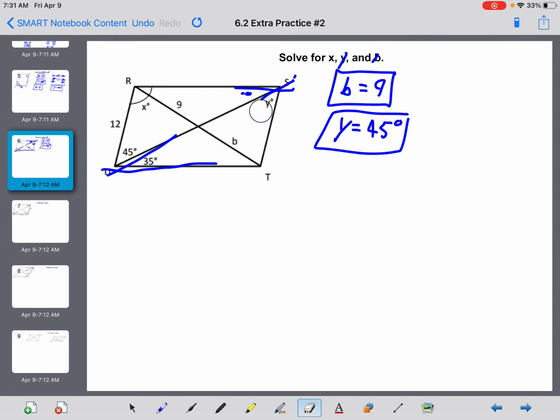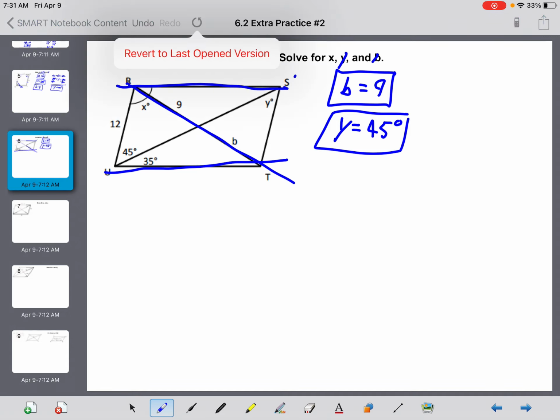We're going to look at it on the reverse side. And here we have parallel lines cut by our transversals again.